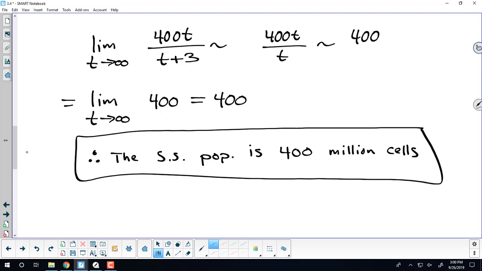Just in a math context, that function, p of t equals 400t over t plus 3, has a horizontal asymptote at y equals 400.